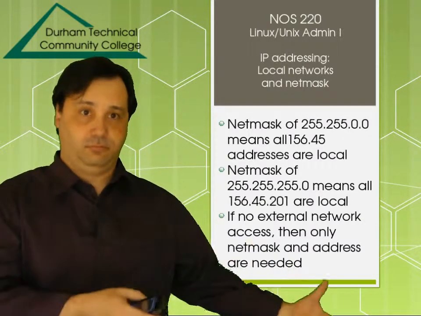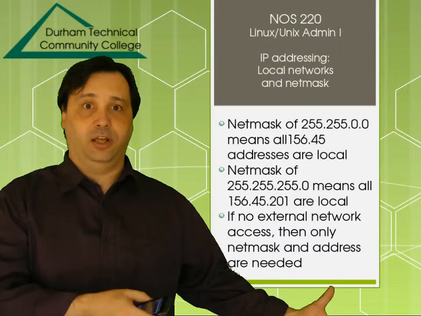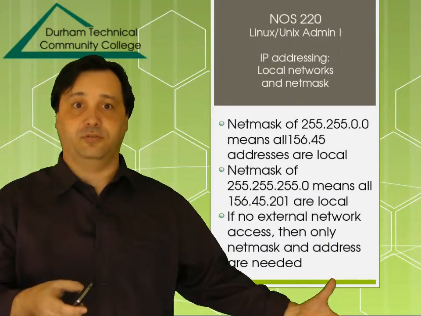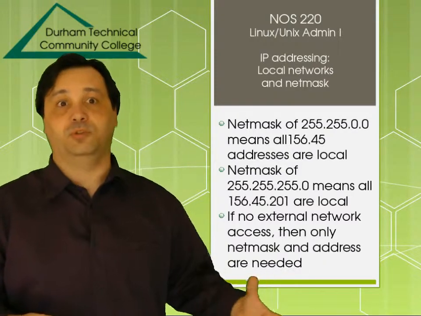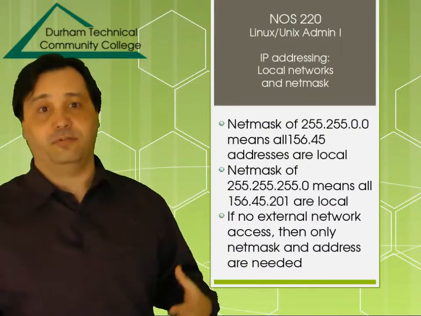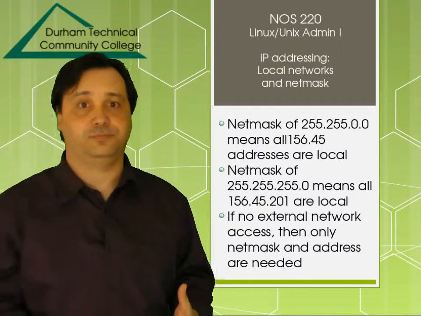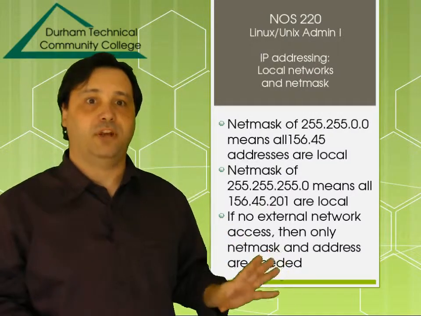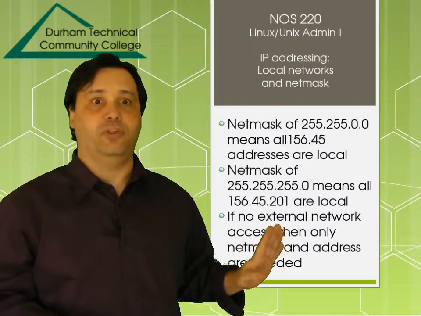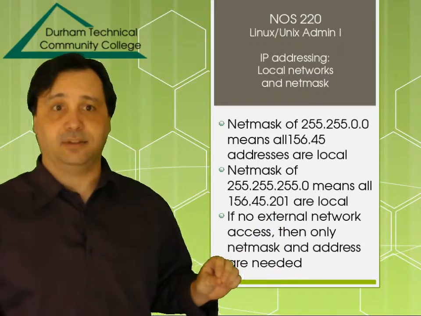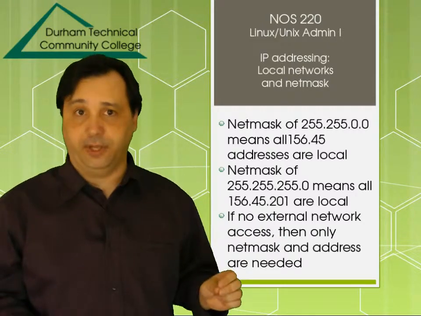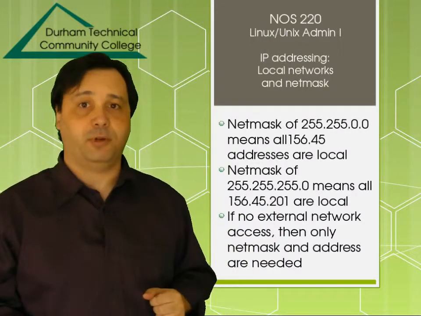And again, the longer net mask address of 255.255.255.0 would produce 156.45.201.0. Both the IP address and the network are set with the ifconfig command. And if you only need to access the local network without domain names, then this is pretty much all you need to know.